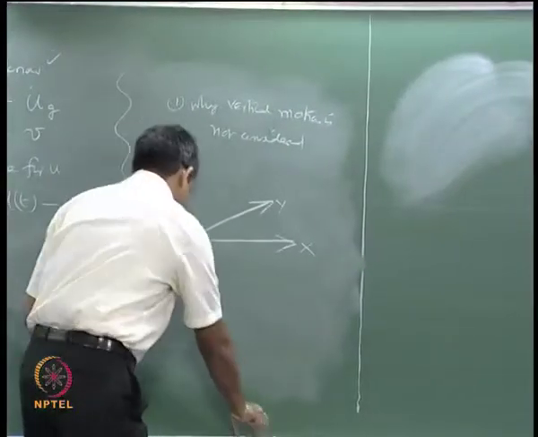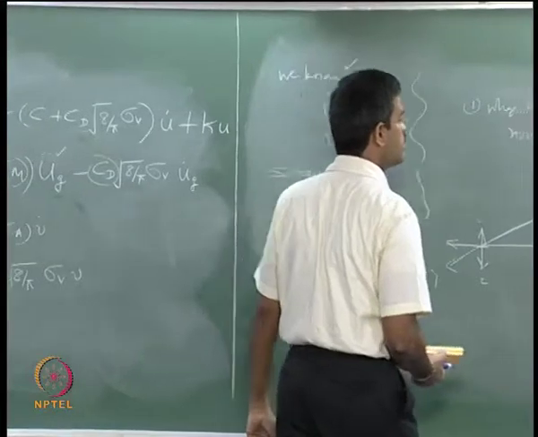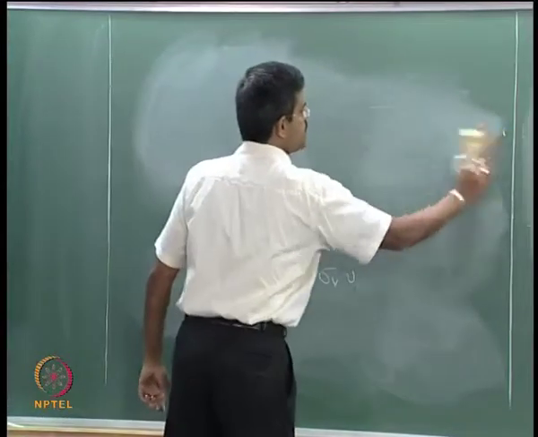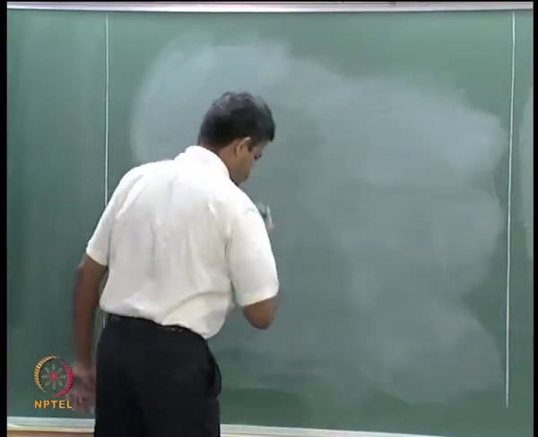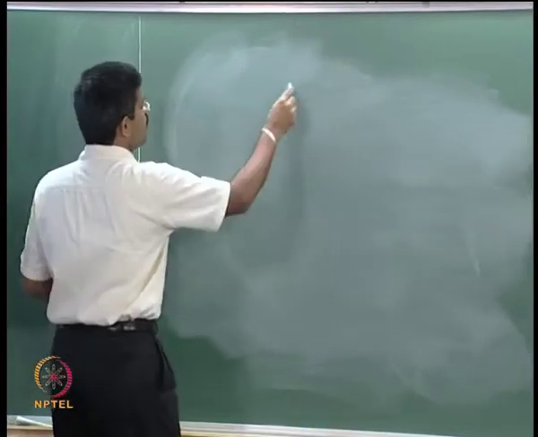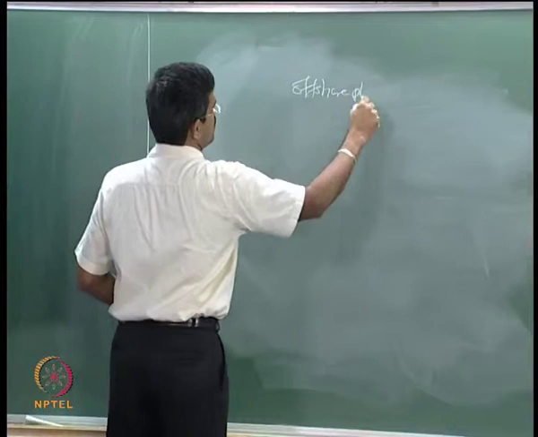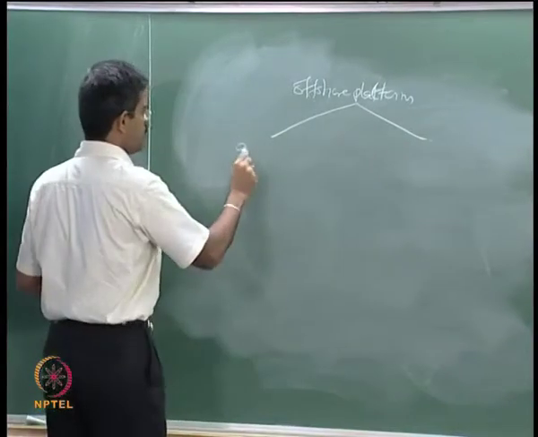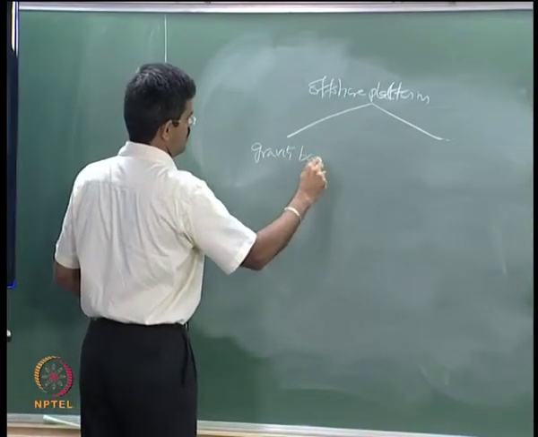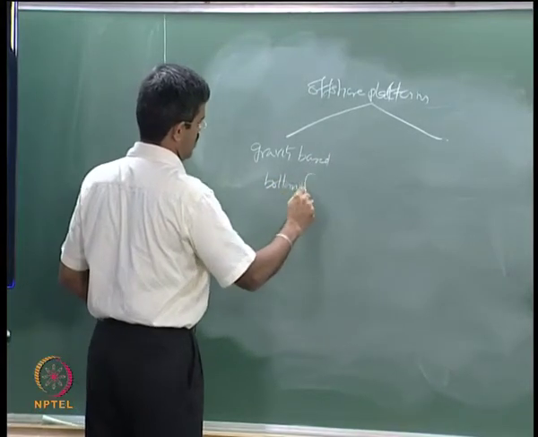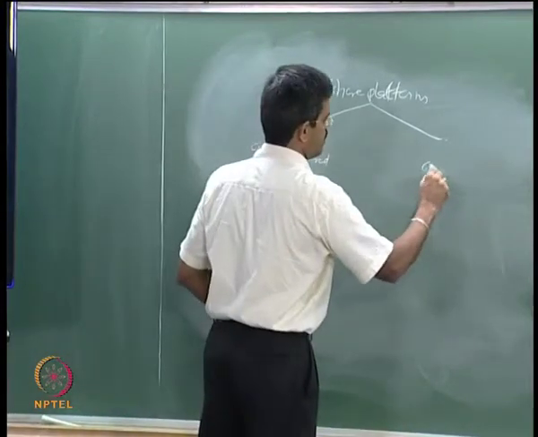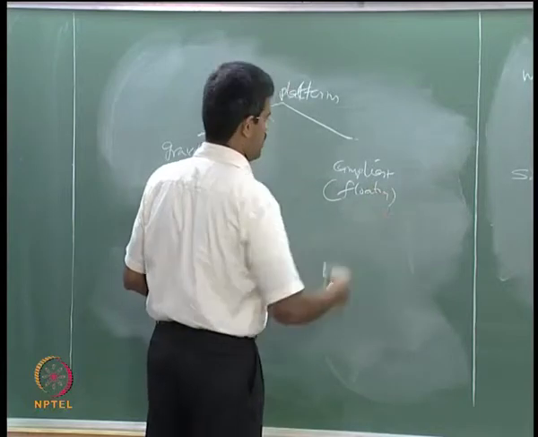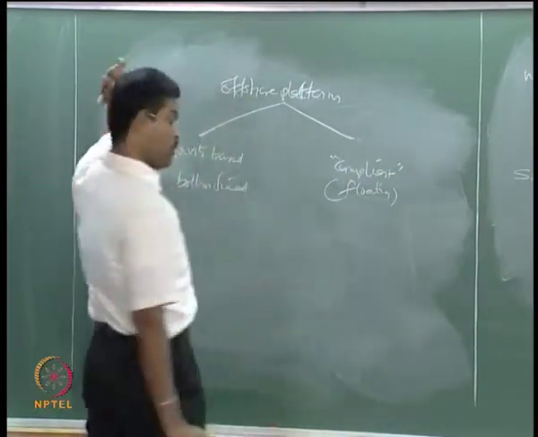The main reason for this is, if you look at offshore platforms, let us say which are gravity based or bottom fixed or which are compliant, which in layman language is floating, technically compliant, non technically floating.